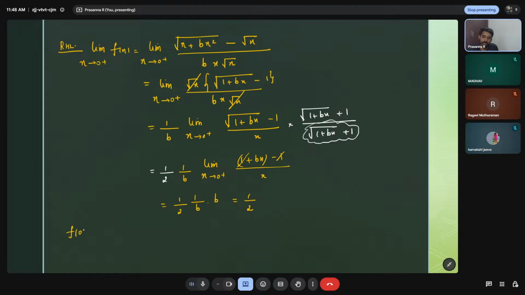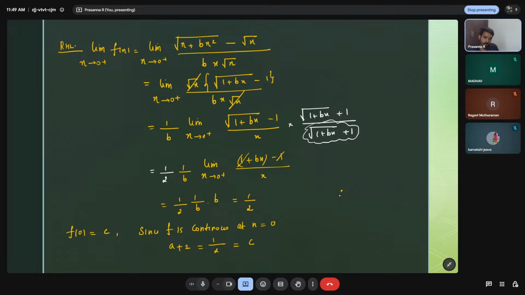And what is the function value at 0? It is given as c. Since f is continuous at 0, the LHL, RHL and function value are all equal. My left hand limit is a plus 2, the right hand limit is 1 by 2, and the function value is c.